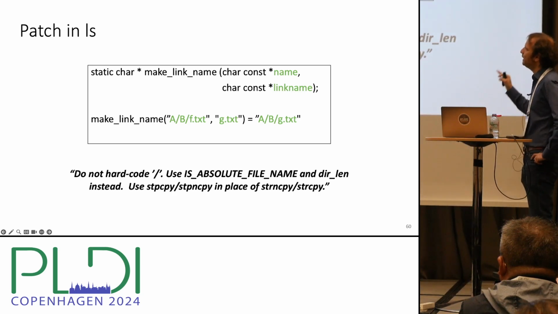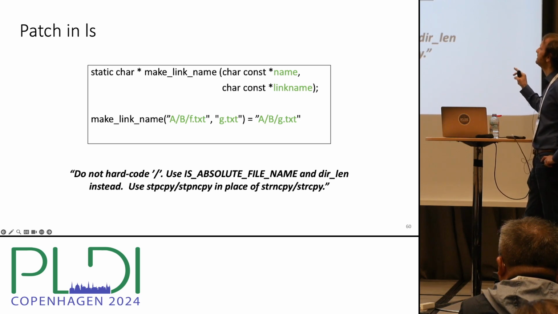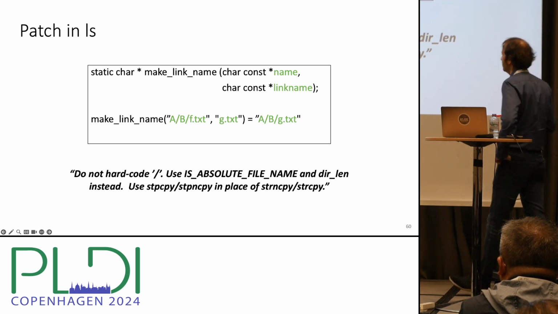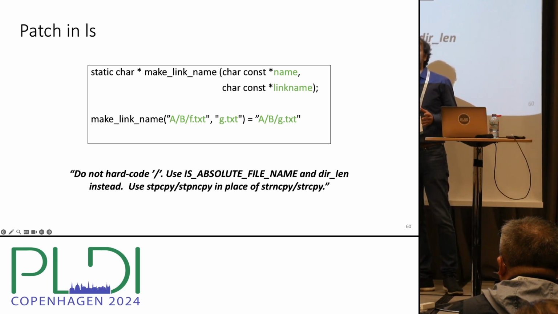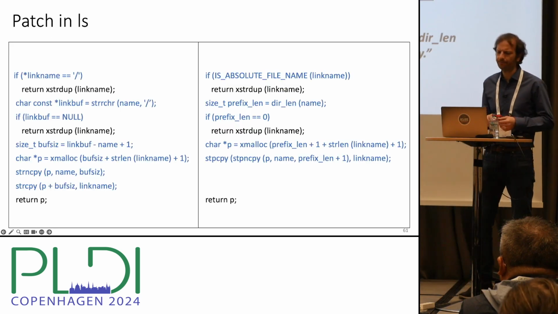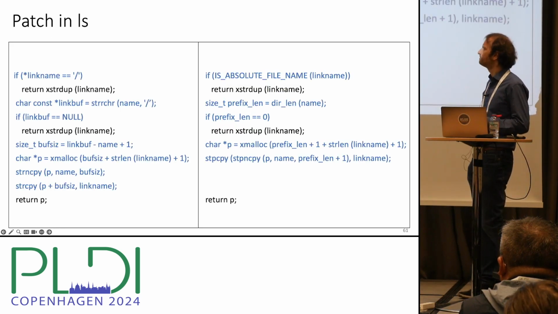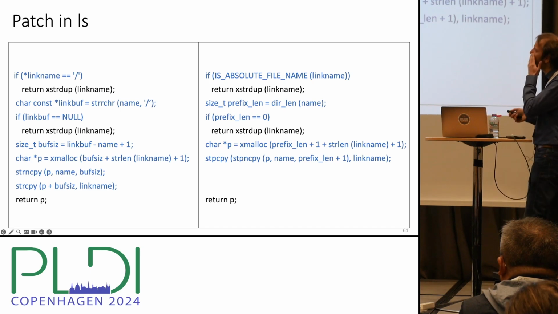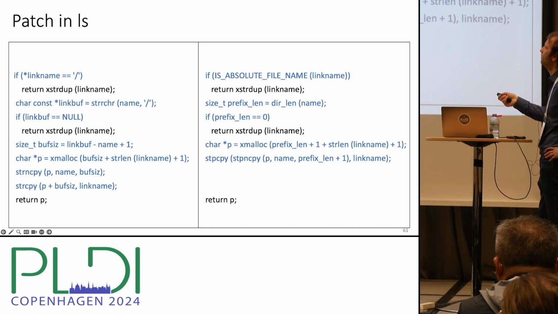And the commit that we looked at had the following message. It said, do not hardcode / use this absolute file name and dir_len. Instead, use stpcpy, stpncpy in place of strncpy and strcpy. This was supposed to be a refactoring patch. You can also tell it from the commit message. And here's the actual patch. You don't need to understand it, but you can see that it's doing what the commit message was saying.